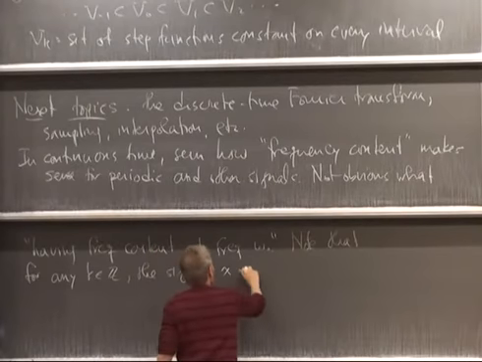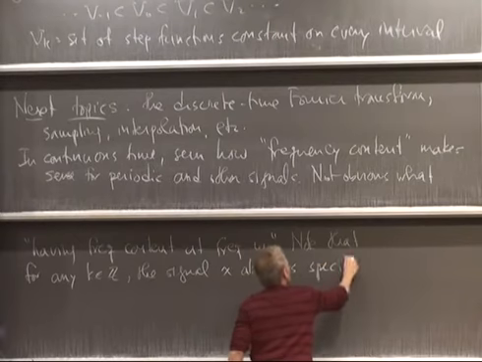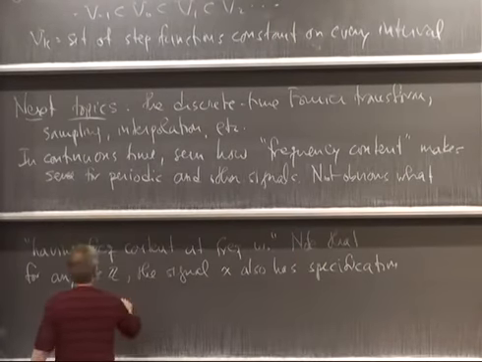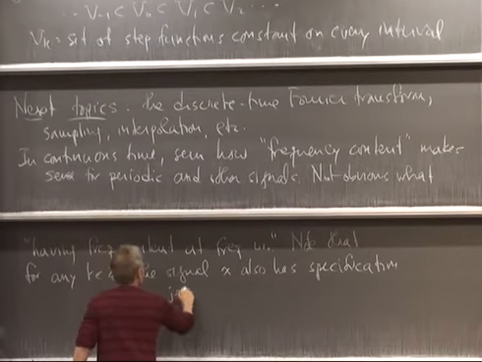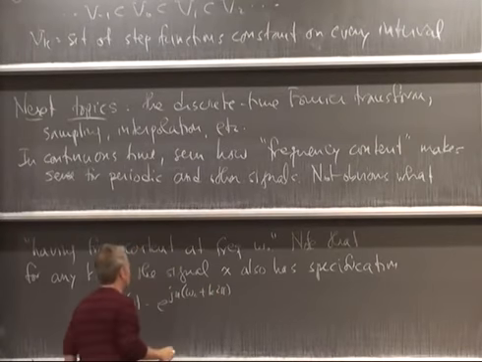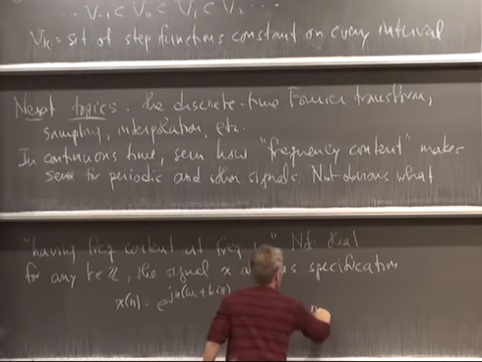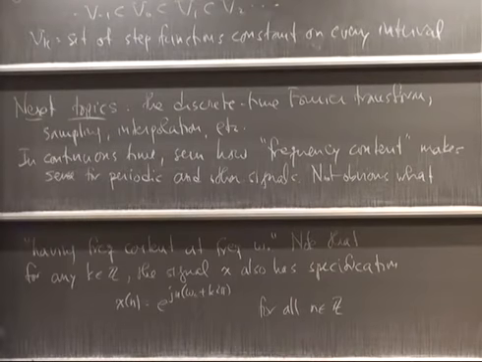Signal x also has specification x of n equals e to the j n (omega 0 plus k 2 pi) for all n in the integers. And that's because e to the j n k 2 pi is 1 for every n value, no matter what k is.